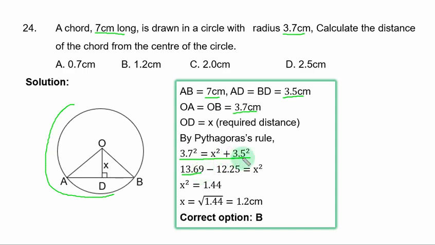If you evaluate the square of 3.5, equal to s squared, if you subtract, s squared is equal to 1.44. To get s, you take the root of both sides, and s is equal to root of 1.44, and that is 1.2 centimeters. B is the correct option.